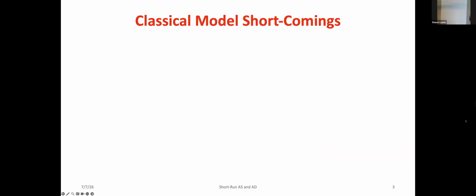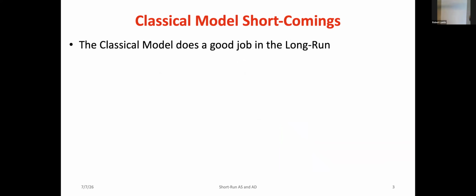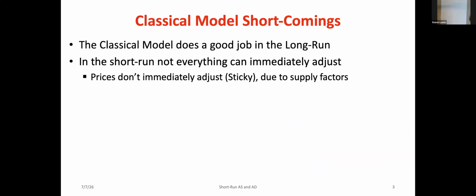So what are some shortcomings of this? It does a good job in the long run, but in the short run, we have what we call sticky prices. We know that these long run shifts are going to cause changes in our long run price levels. The problem is companies and consumers can't necessarily adjust immediately to these changes in aggregate demand or changes in long run aggregate supply.